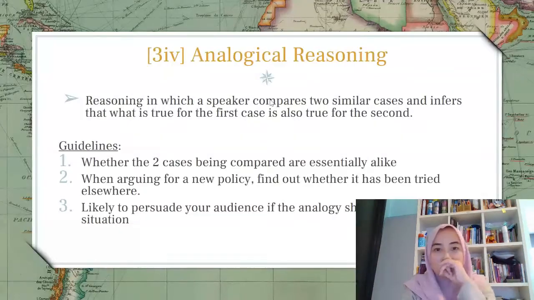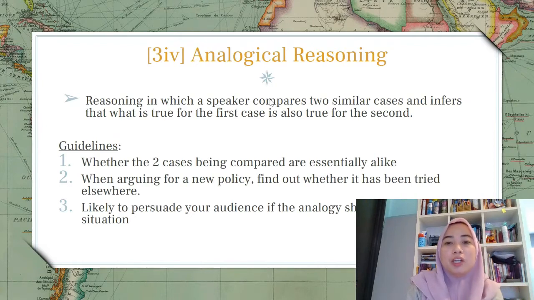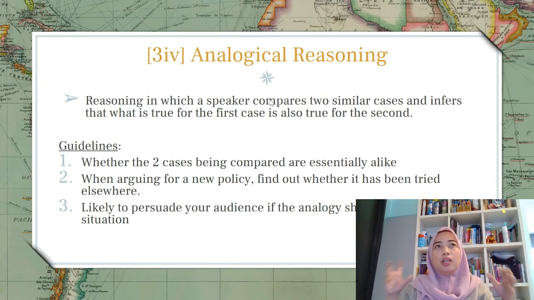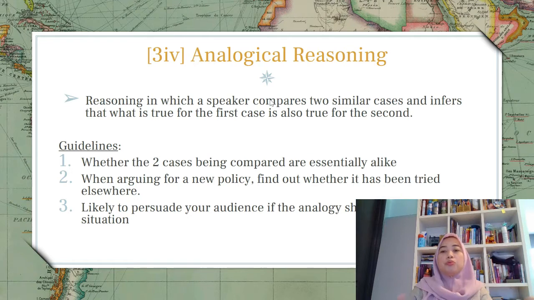Okay. So next here we have analogical reasoning. Now, analogical reasoning is a type of reasoning where you as a speaker want to compare two similar cases and you want to infer that the second one is true because the first one is also true. So a few things that you have to remember when you want to use analogical reasoning is you have to make sure that the two cases that are being compared are very similar and very alike.